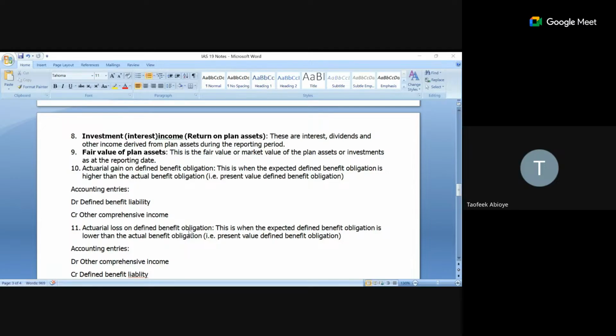Now there is something I want us to take note of. Let me quickly ask a question. When we have a gain on the fair value of investment property, fair value gain, are we recognizing it in P or L or OCI?